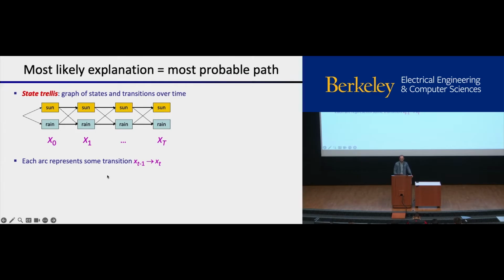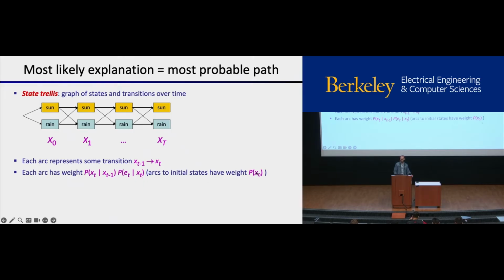Okay, so each arc here, and I started with this actually, each arc here represents the transition probability from xt minus 1 to xt, and the weight of that, sorry, it's not just the transition probability, it's also times the probability of the evidence given the resulting state. That needs to be folded in here at some point.